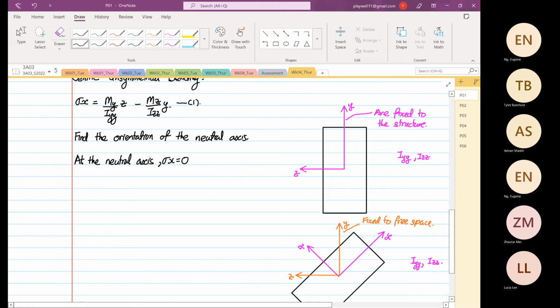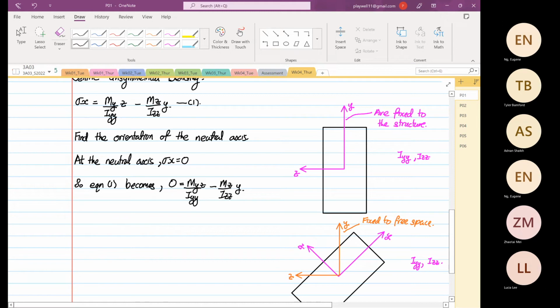So I call this equation 1. So therefore, equation 1 becomes 0 is equal to My over Iyy z minus Mz over Izz y.